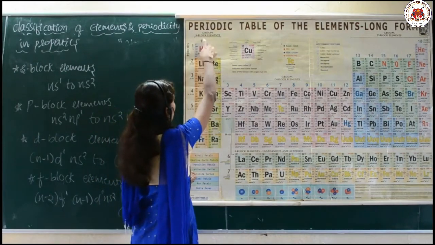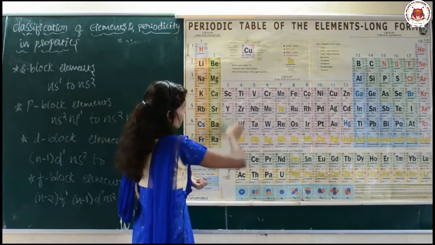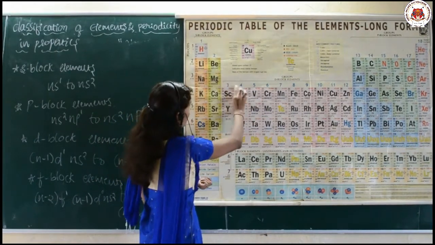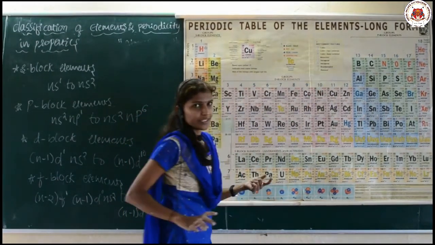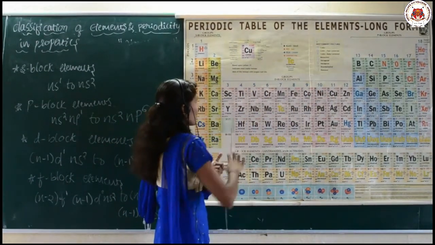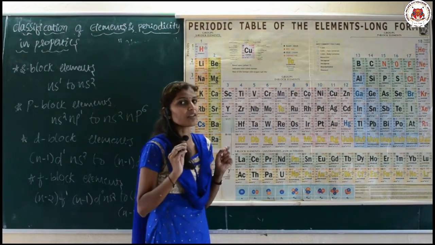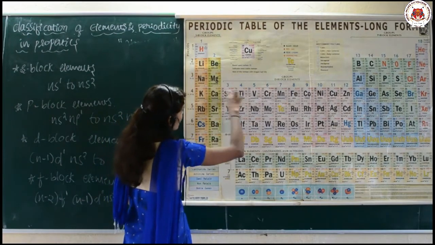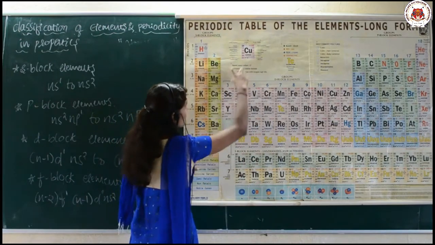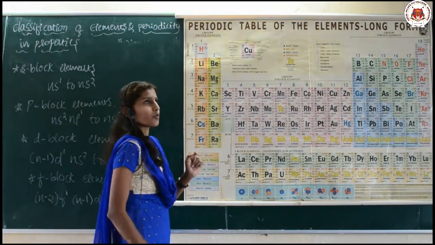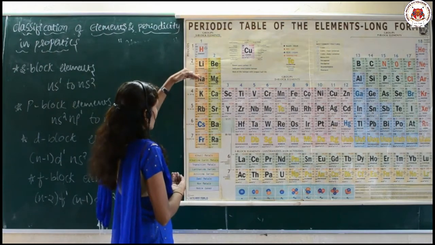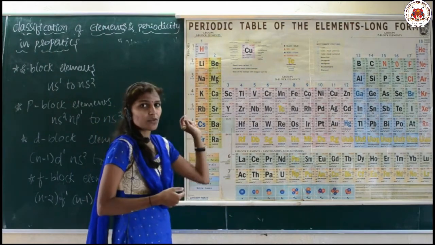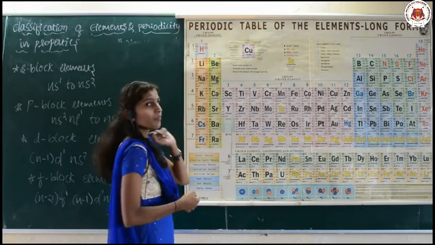See here, vertical columns 1, 2, 3, 4, 5 up to 18. So these 18 vertical columns are called groups. And then there are 7 horizontal rows, 1, 2, 3, 4, 5, 6, 7. These horizontal rows are called periods.